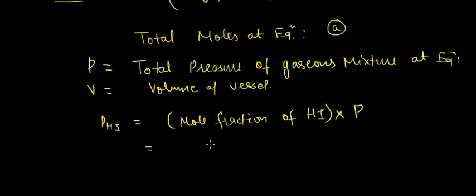Mole fraction of HI would be moles of HI at equilibrium, which is A minus 2x, and total moles at equilibrium would be A, we just saw here, into total pressure P.